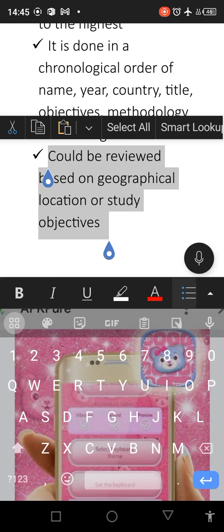And you will arrange them chronologically from the highest to the lowest, following the rules of the name, year of publication, country, objective, method, and findings. I hope you now understand that reviewing, or let me say mapping your literature is not a total waste of time. It's as if you are just walking ahead into the future, into the next phase of what you want to do under your chapter 2.